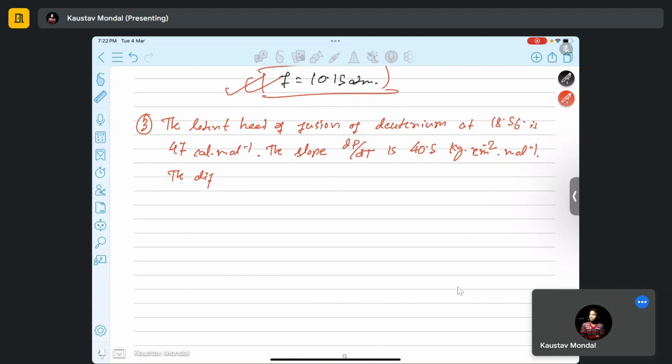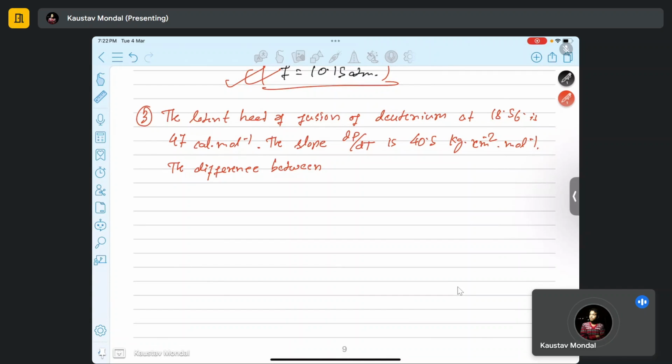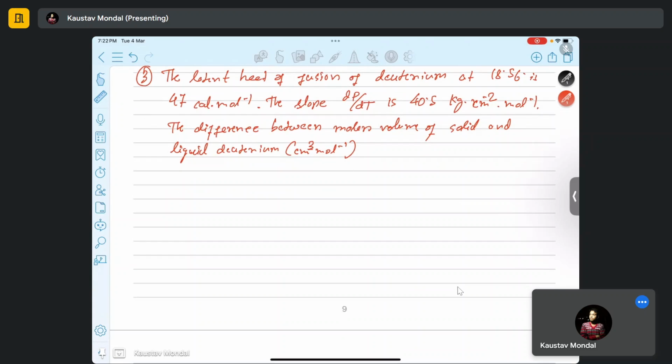The difference between the molar volume of solid and liquid deuterium at this temperature is what you basically have to calculate.